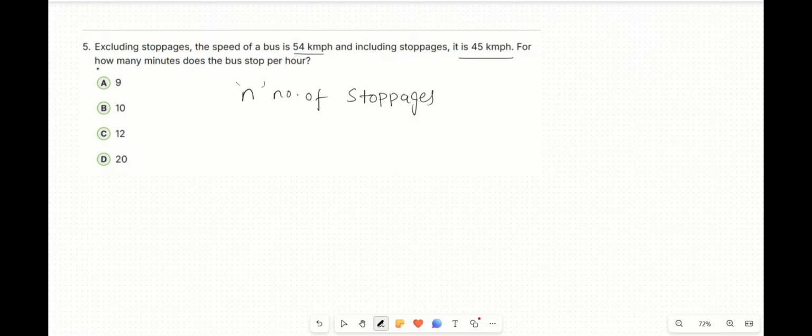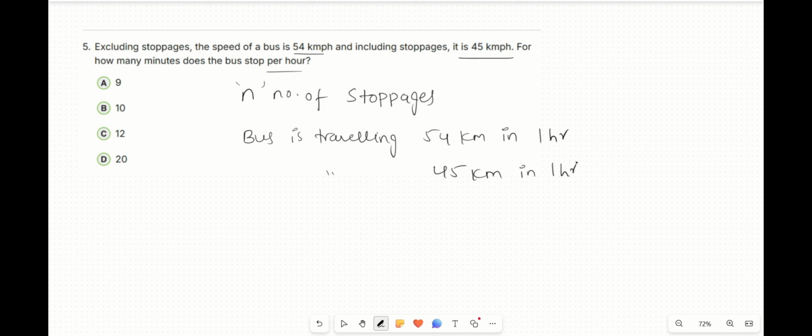So they asked how many minutes does the bus stop per hour. In the first case, without stoppages, the bus is traveling 54 kilometers in 1 hour. Including stoppages, it traveled only 45 kilometers in 1 hour.